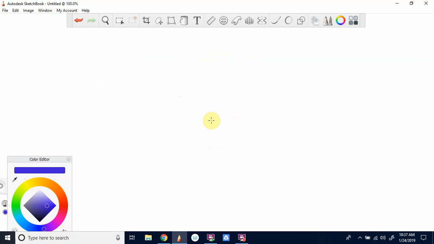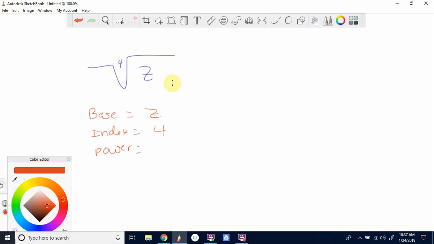Now b says write the 4th root of z in exponential form. So the first thing I need to identify is, what is my base? My base is z. My index, n, is 4, and my power of my base is an implied 1.